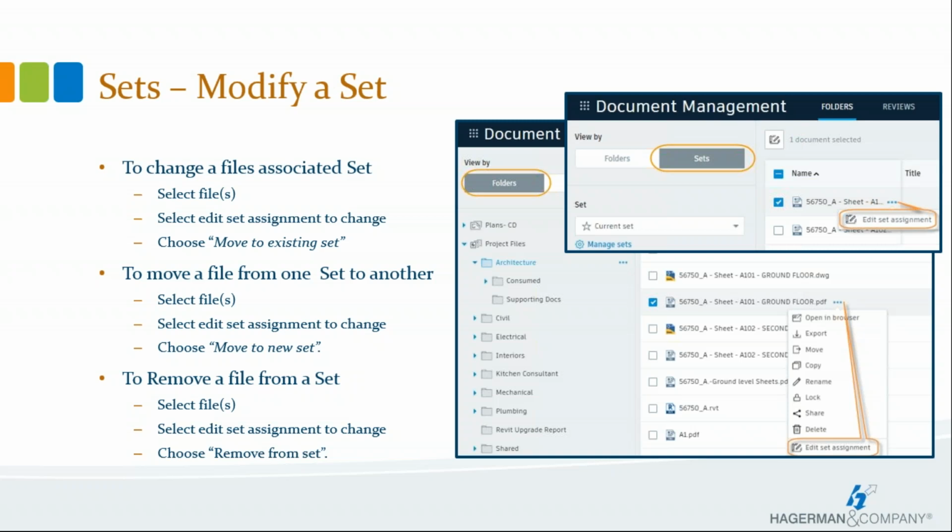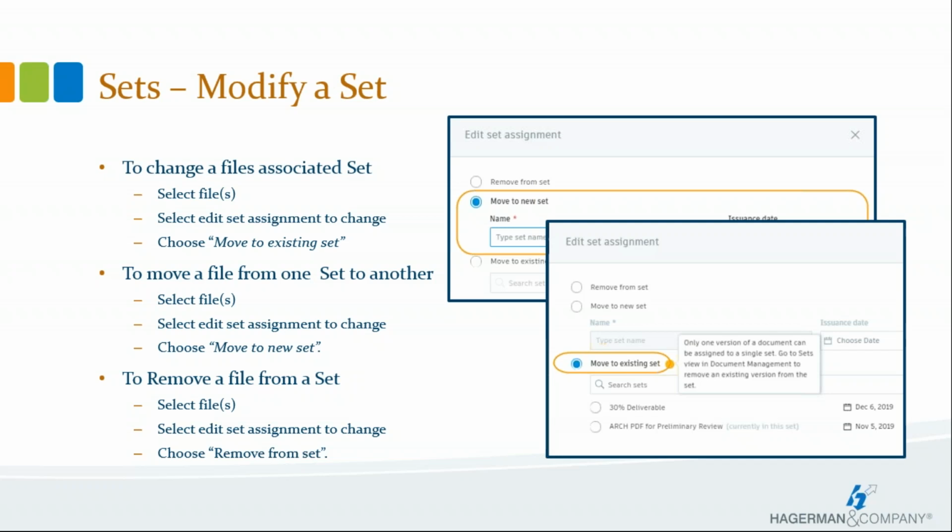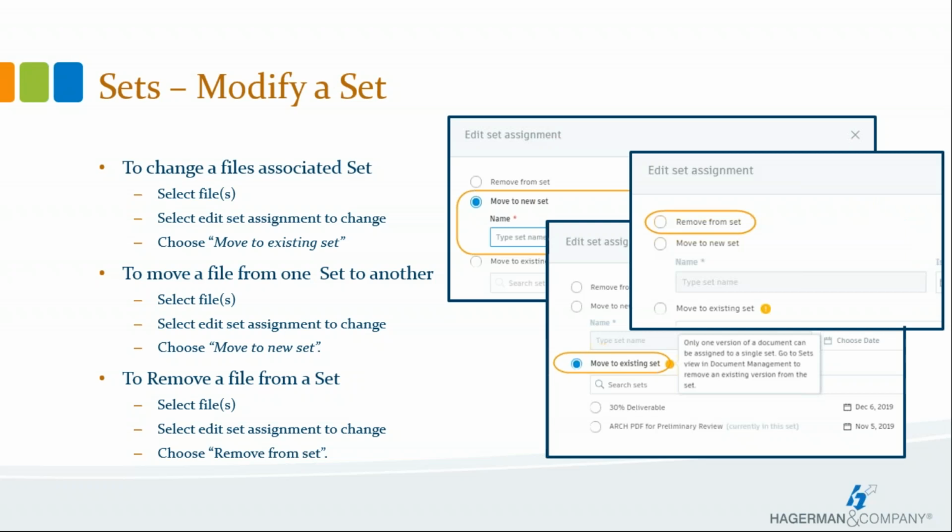Select the Edit Set Assignment button or select the More menu button again to access that Edit Set Assignment tool. Select the desired option to move the files to a new set, move the files to an existing set, or remove the files from a set. Now, only a valid option will be available for the selected files in that Edit Set Assignment dialog box.